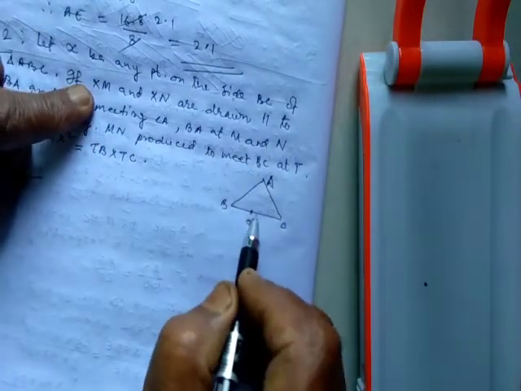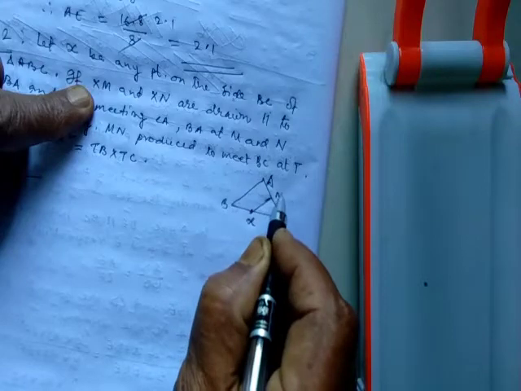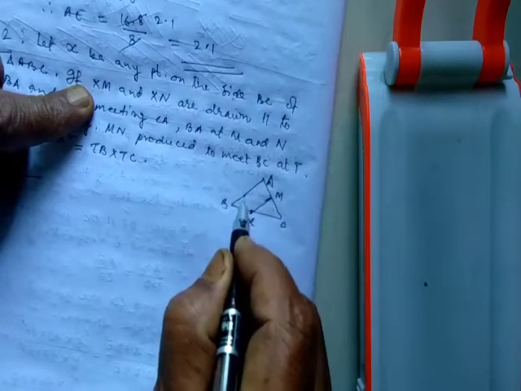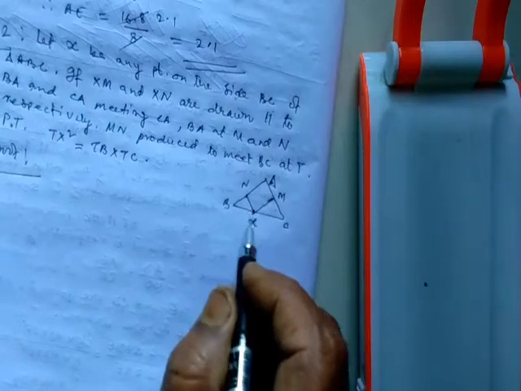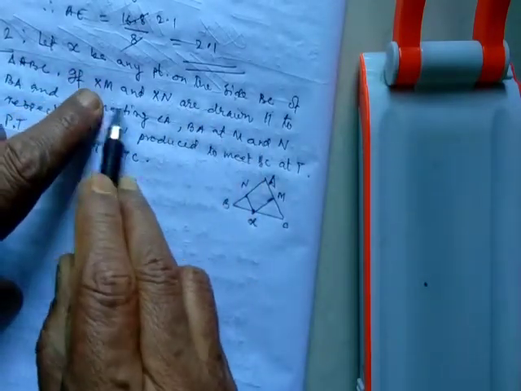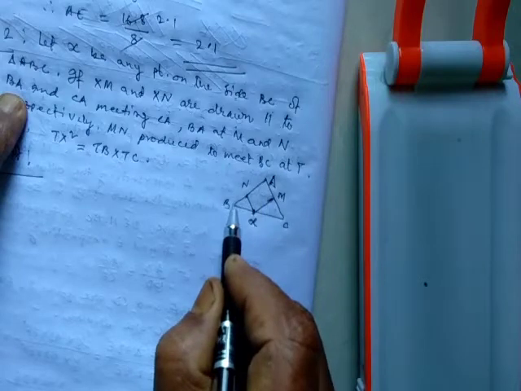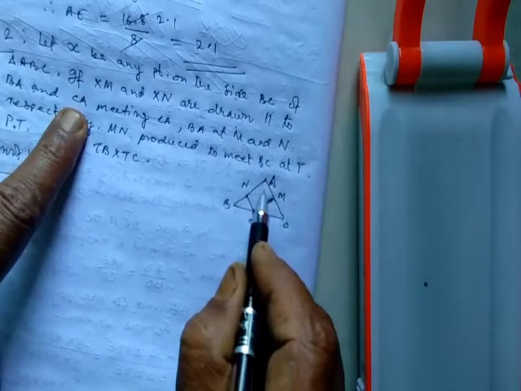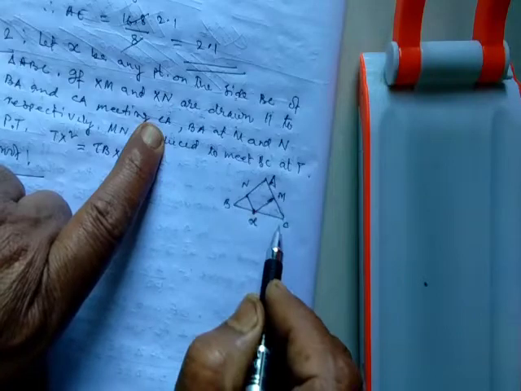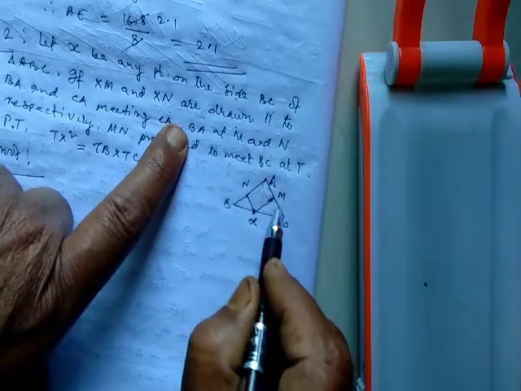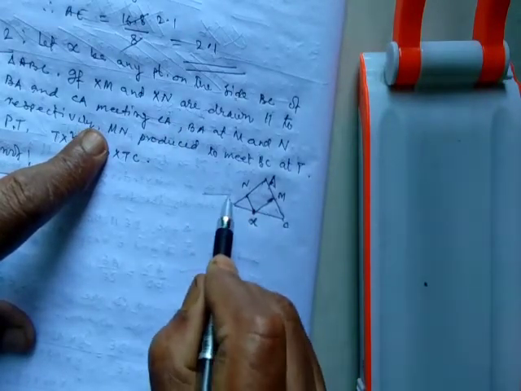XM and XN are drawn parallel to BA. See, XM is parallel to BA, and XN is parallel to CA, meeting CA and BA at M and N respectively.